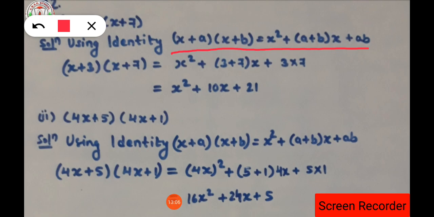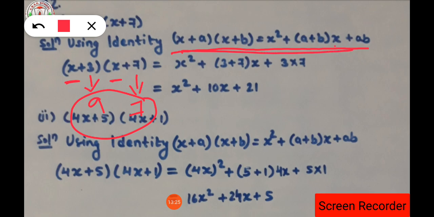In place of x we are going to see x itself, in place of a we see 3, and in place of b we see 7. Now we substitute these values in the formula.